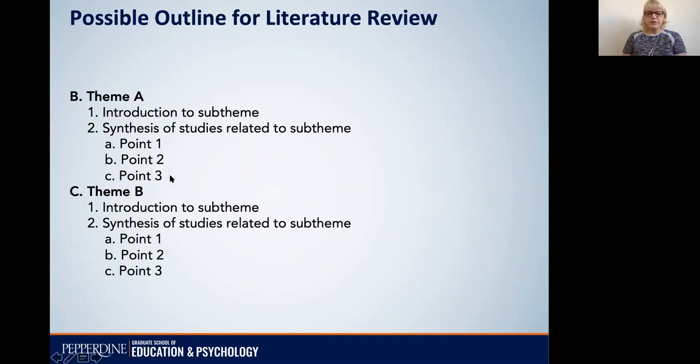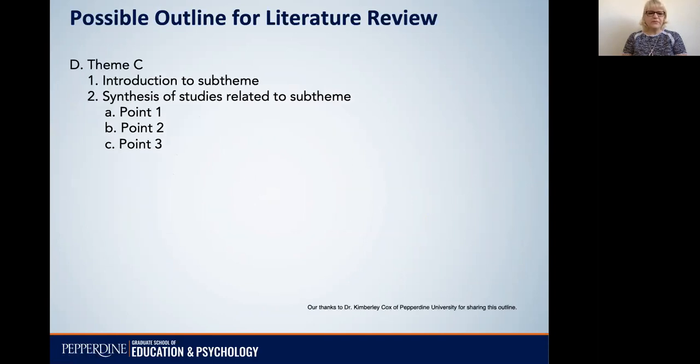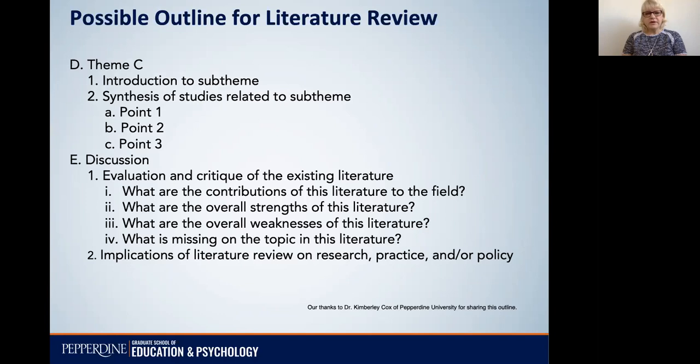So what was all the research saying? Continue on with theme C. And you might have more, but for a 10 to 12 page paper, usually 3 themes is plenty. And then you would end your paper with 2 sections, a discussion and then your conclusion. The discussion is important because it's really a chance for you to evaluate the literature.